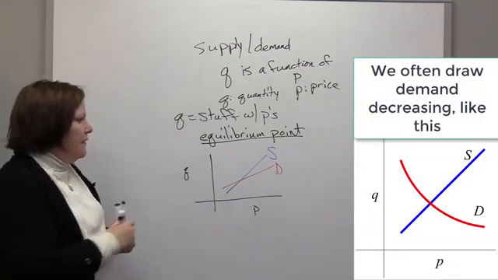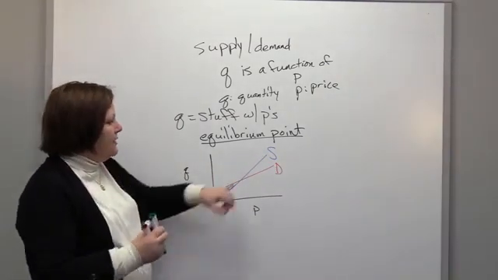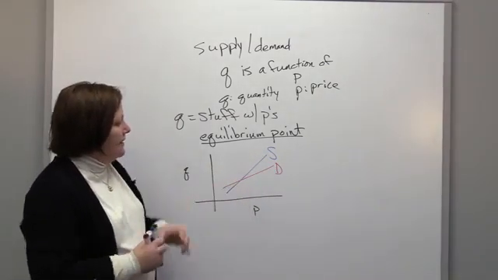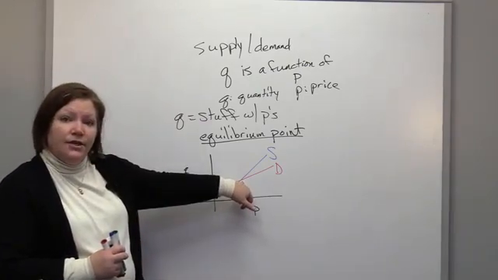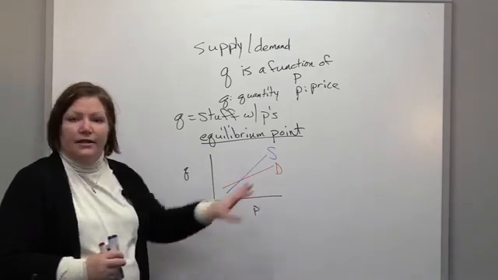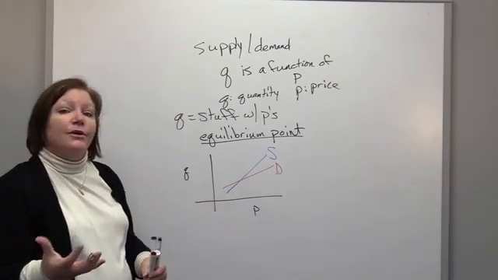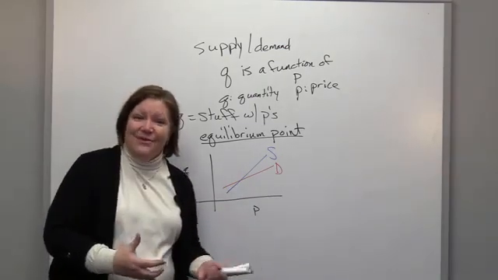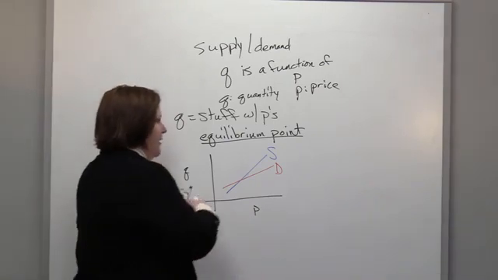And what we pay attention to is when supply and demand intersect each other, when they equal each other, and which one is bigger as far as where do we want to be? If you are the consumer, where do you want to be? If you are the company? And we have the equilibrium point.